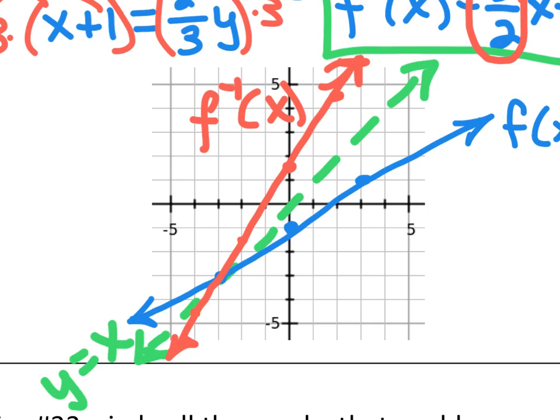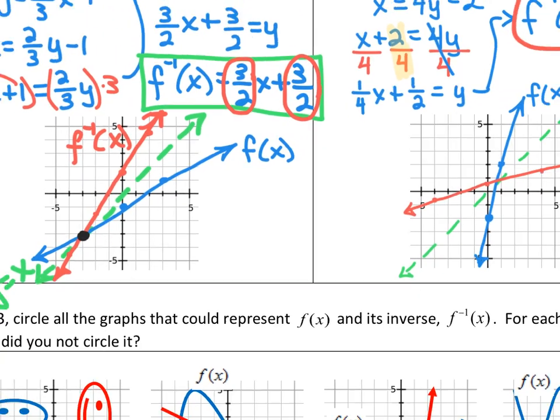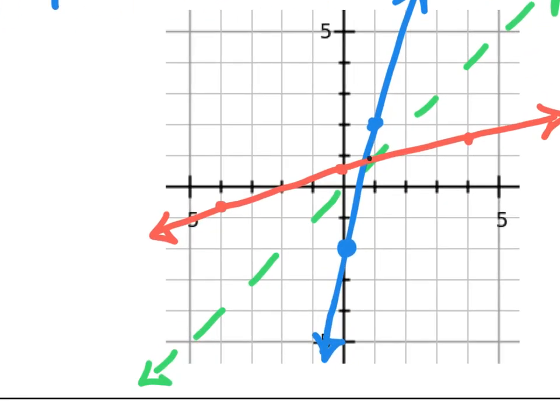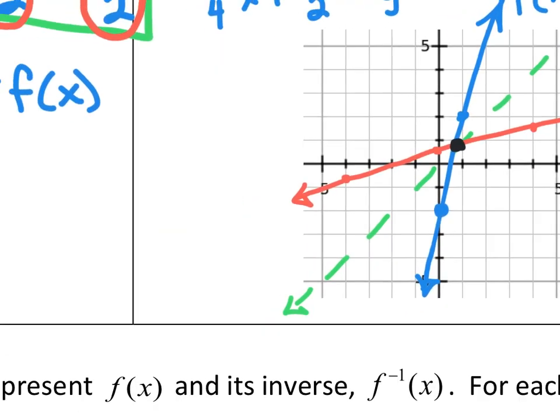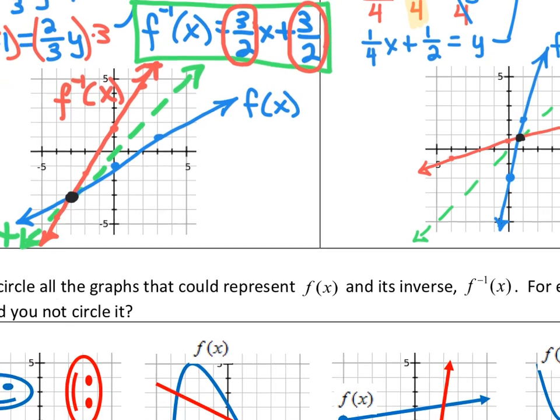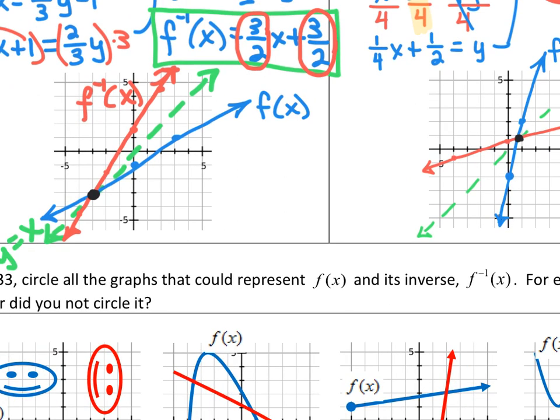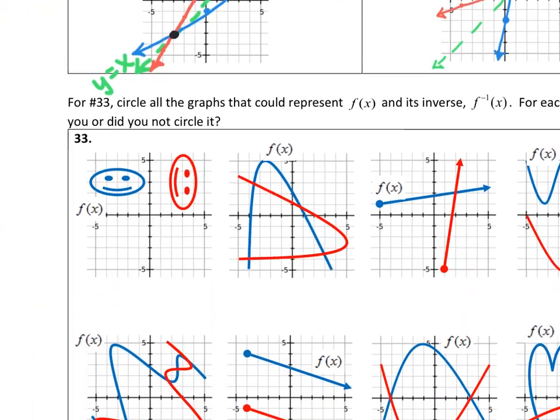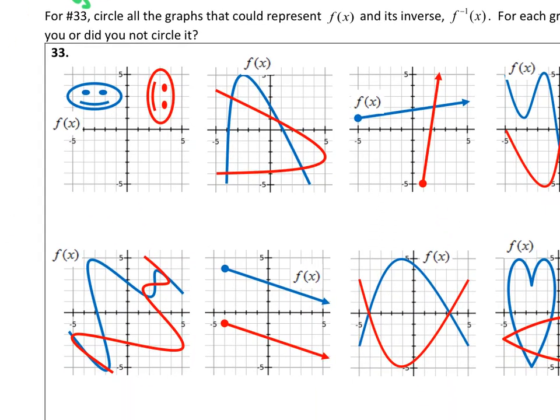And the other thing that you want to notice about any inverse function, when you're graphing the function and its inverse, is that if they cross the line of reflection, they both cross it at the same exact place. So in that graph and in this graph, both of your lines crossed y equals x at exactly the same place. Keep that in mind as you look at the last problem, number 33.